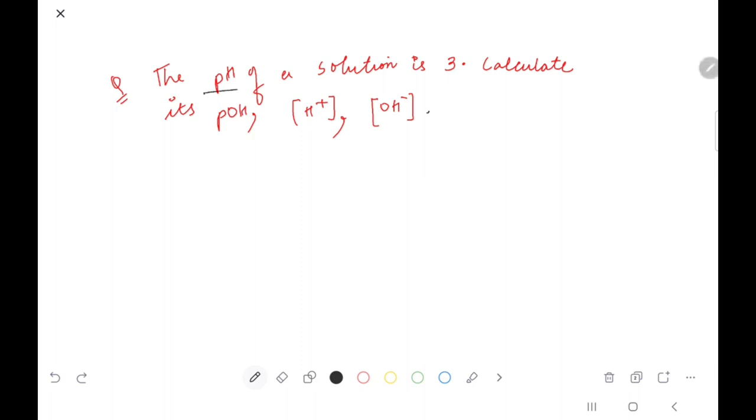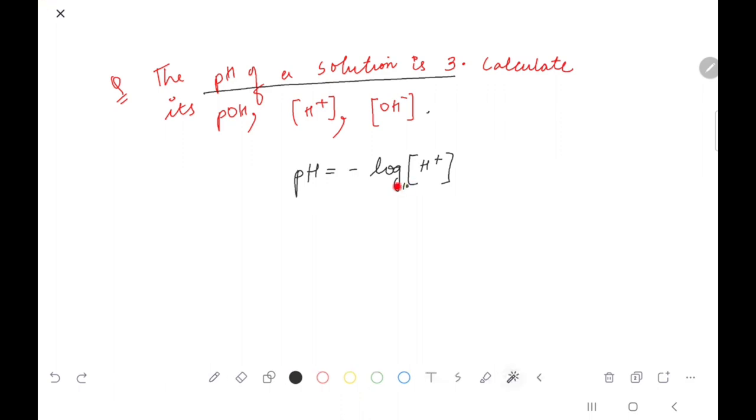When I talk about the pH of a solution being 3, I will say pH equals minus log of H plus, isn't it? Yes. So when nothing is written, the base is 10 here. The question tells me the pH is 3.